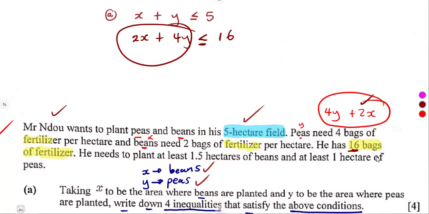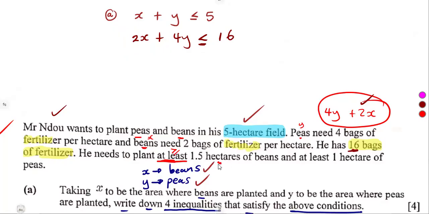That is the amount of fertilizer to be applied on the beans and on the peas. Then the other part: he needs to plant at least, very important, greater than or equal to what you are given.